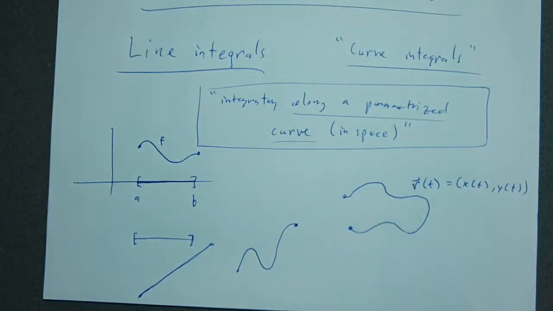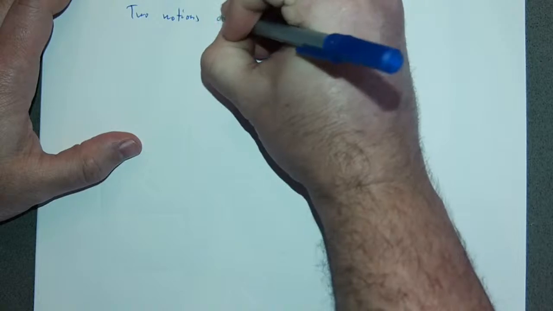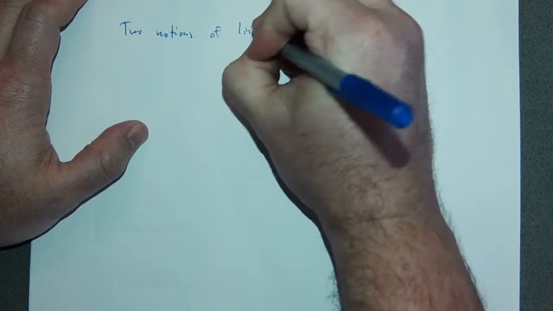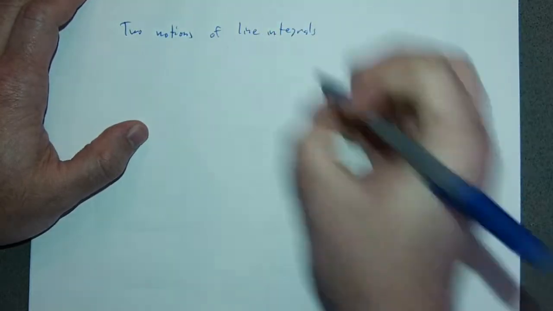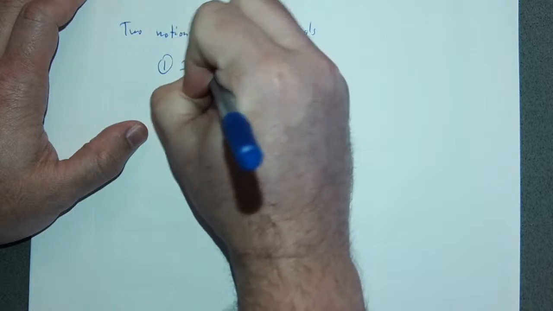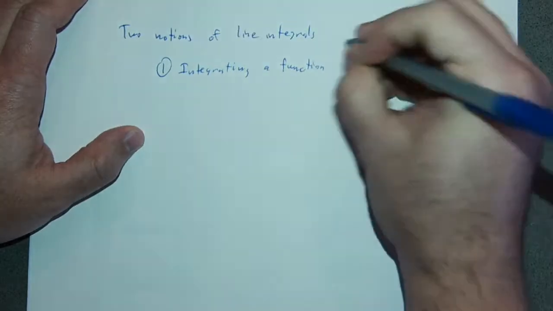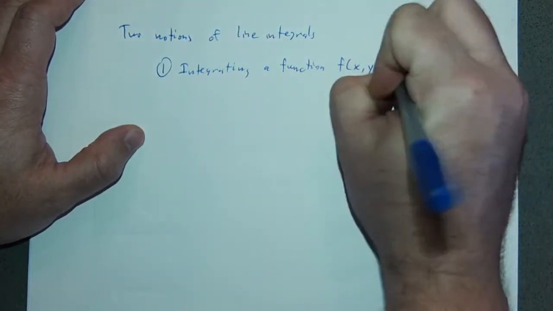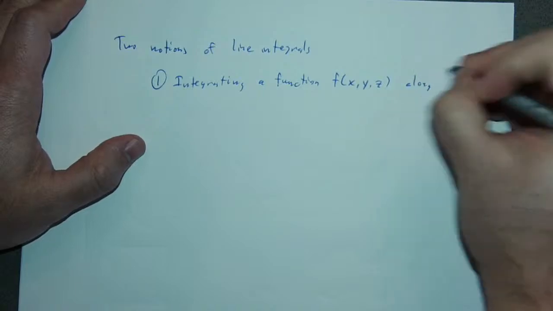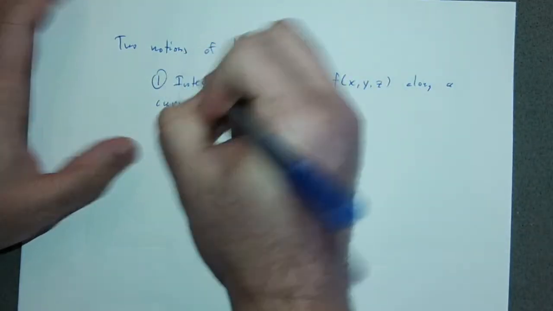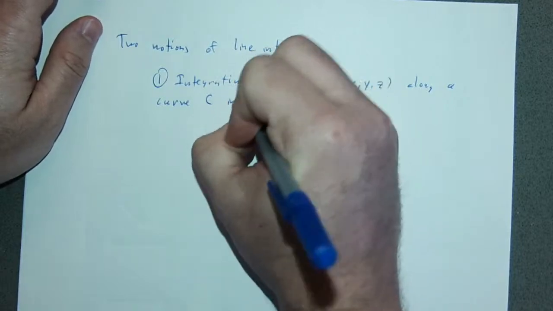Now, we're going to have two notions of line integrals, and these are split by what kind of thing you're integrating. The first is integrating a function, say f of x, y, z, along a curve C in space.